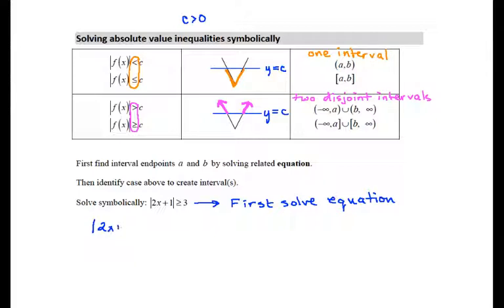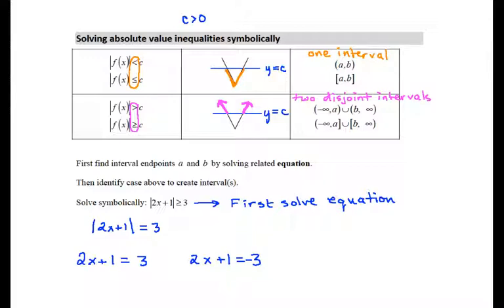So the absolute value of 2x plus 1 equals 3. Remember that we solved that equation, since 3 is positive, by setting up two separate equations without the absolute value. In one of them, we keep the 3 exactly as it is. In the other equation, we replace it with a negative 3.